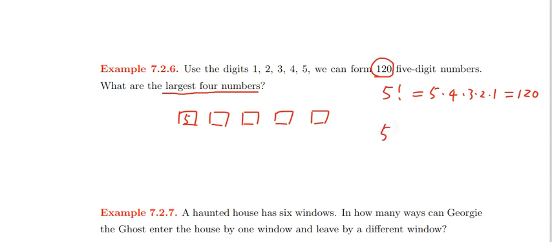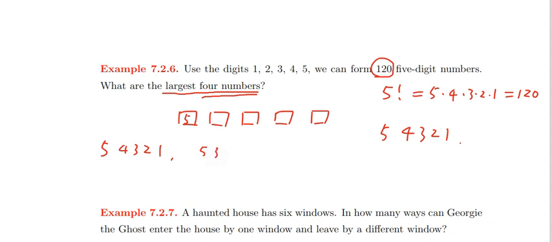This 5, 4, 3, 2, 1. This is the largest number. Then we need the fourth largest of them. So we say this one, 5, 4, 3, 2, 1, the first one, largest one.